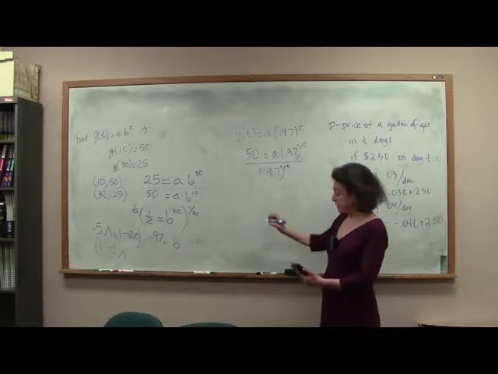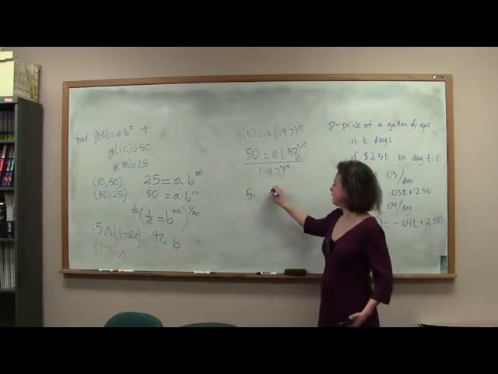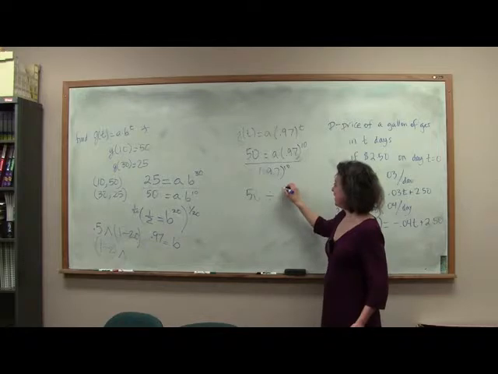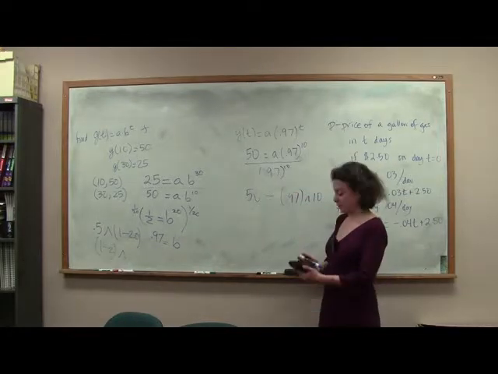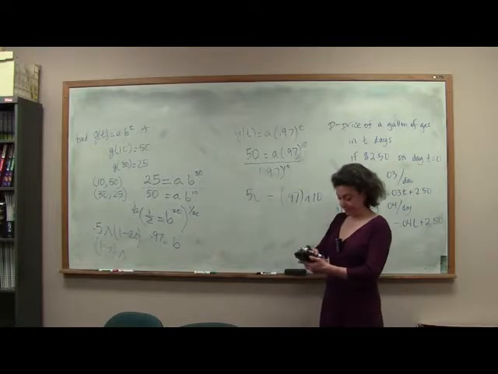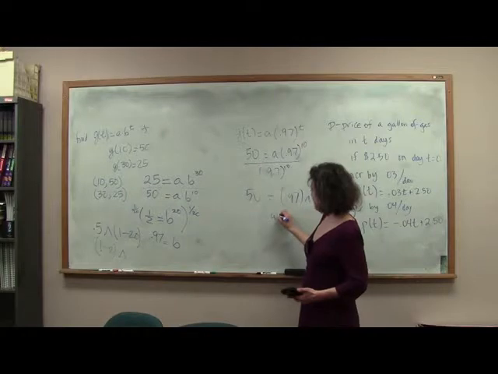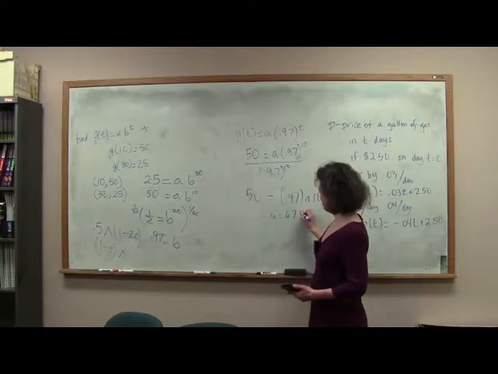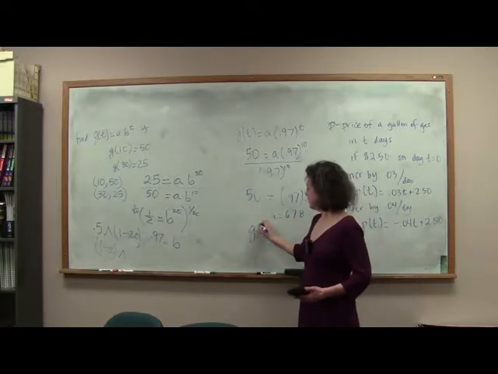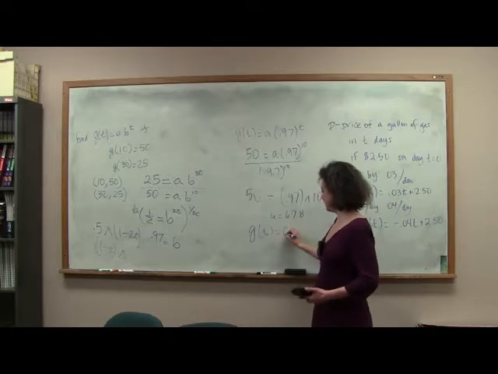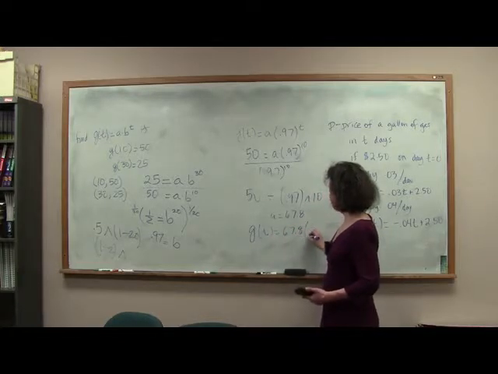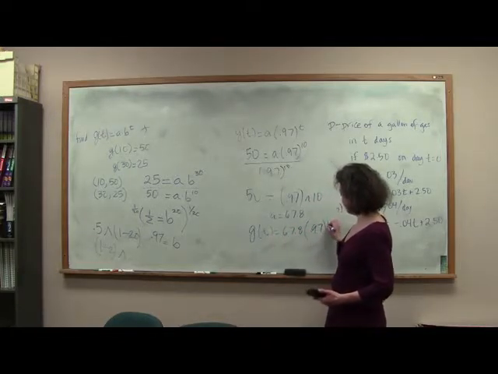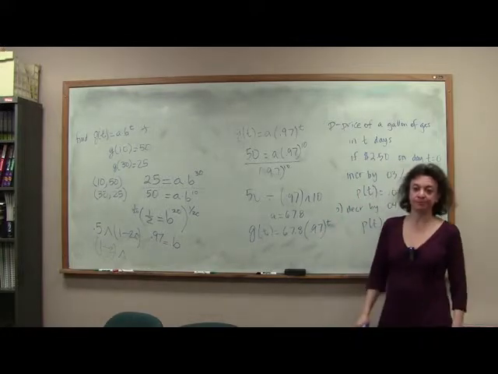So what I would type into my calculator is 50 divided by 0.97 raised to the 10th power. And you get a to be about 67.8. So therefore, my function is 67.8 times 0.97 to the t power.